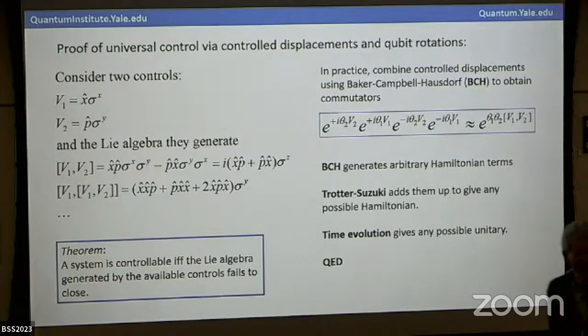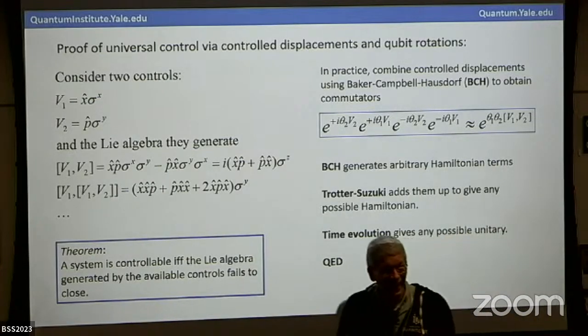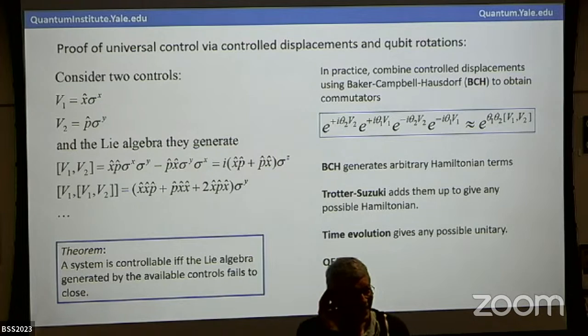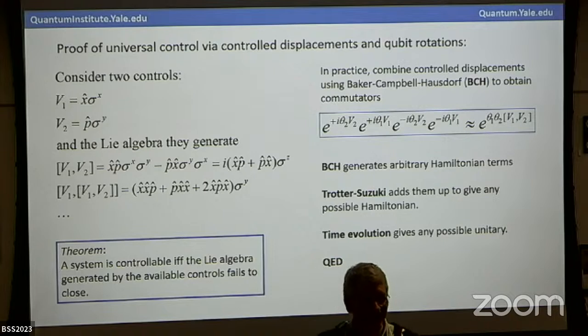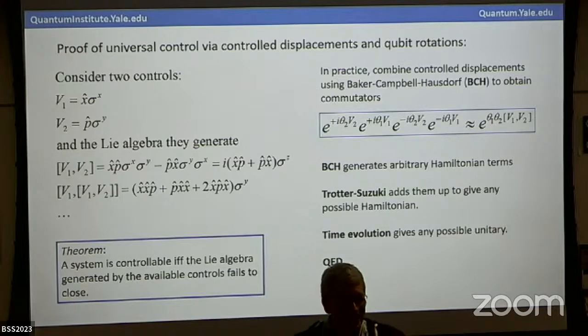So if you have higher commutators that you want to generate, you would expect that this would be lower in, like, higher powers of theta. Yes, sadly, yes. You're absolutely right. Again, the theorem was stated by mathematicians.